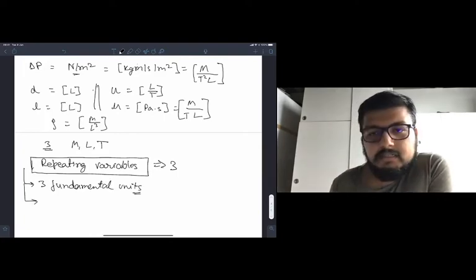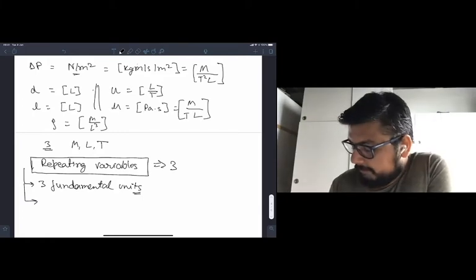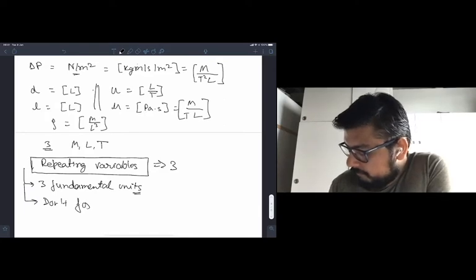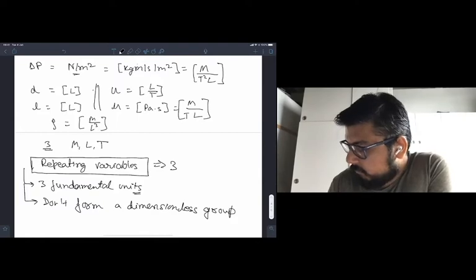And another important thing is that they don't form a dimensionless group. So what does it mean?